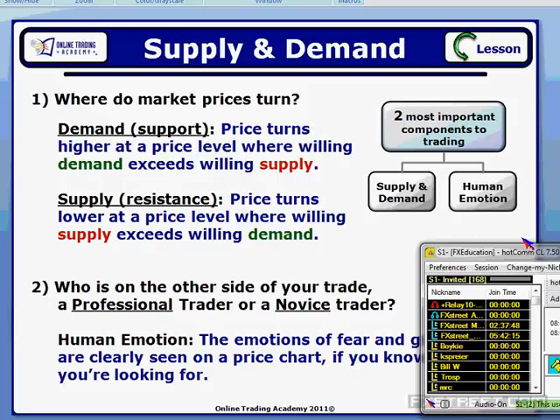Think about it. Let's say you never read a trading book before, never heard of technical analysis or trading schools or anything. You've never heard of any of that stuff, and then you came across this thing called trading, and you say, you know what? I want to learn how to do this. Well, what would you do?